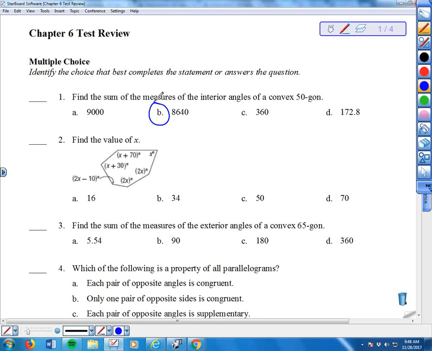But it's not regular, so I can't do that. If it were regular and this said x, then I could say that angle is 120, but it's not. So you're going to take x plus 70 plus x plus, I'm going to just add those two together, plus x plus 30. And that's equal to 720.